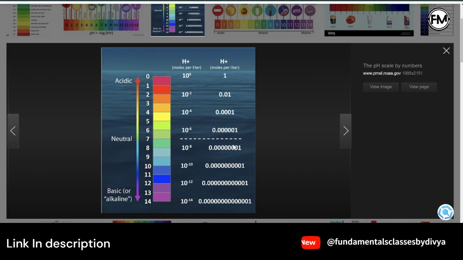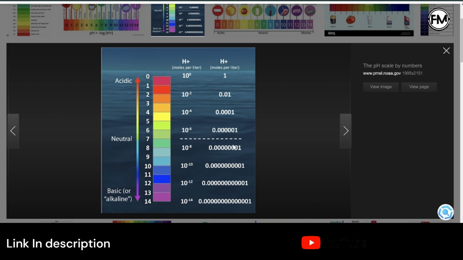If a substance has pH value 0, 1, 2, 3, these are very strong acids, and they may be very harmful for us. And for 5, 6, it will be like weak acids, so we can use it for our daily purpose, we can eat or consume it.